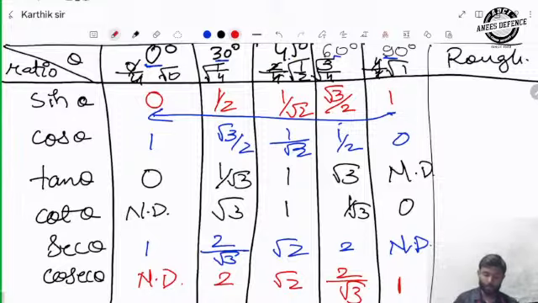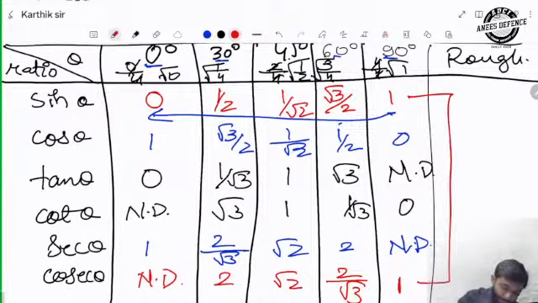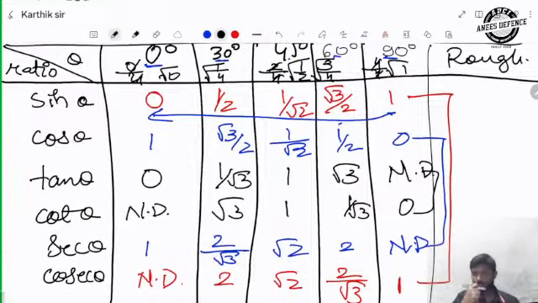If you notice one more thing, these two values are the same. The values for 0 and 90 degrees are paired, and the values for 30 degrees and 60 degrees, with 45 degrees in the middle, are similar in pairs.